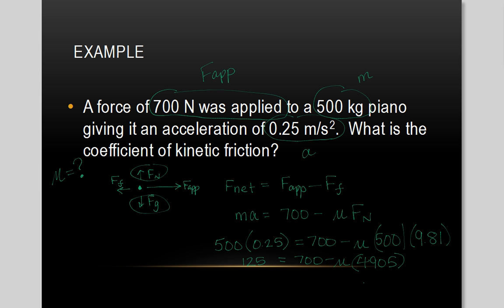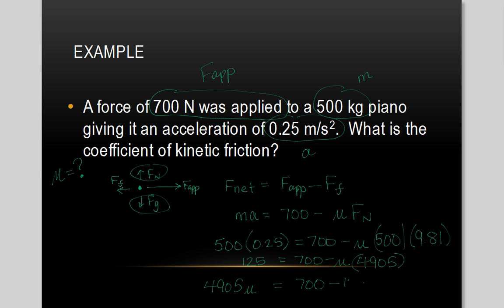What sign is in front of it? So you could put that term on the left as a positive. So on the left, you can have 4905 mu. That means the 125 has to get out of the way. So you have to move the 125 to the other side.